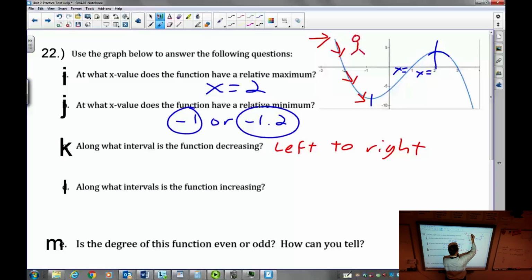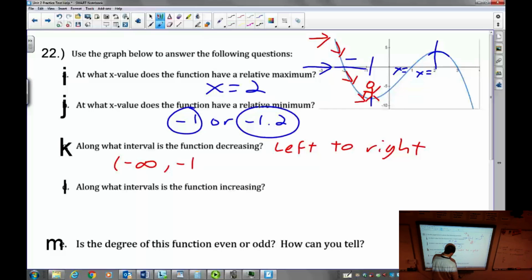So we go decreasing, and so that number right there, we said -1 or -1.2 is where we're decreasing. So from -infinity, going from the left to the right, -infinity to -1, we're decreasing.